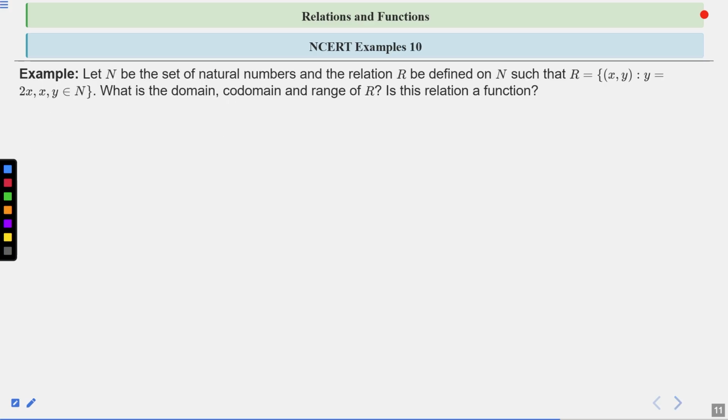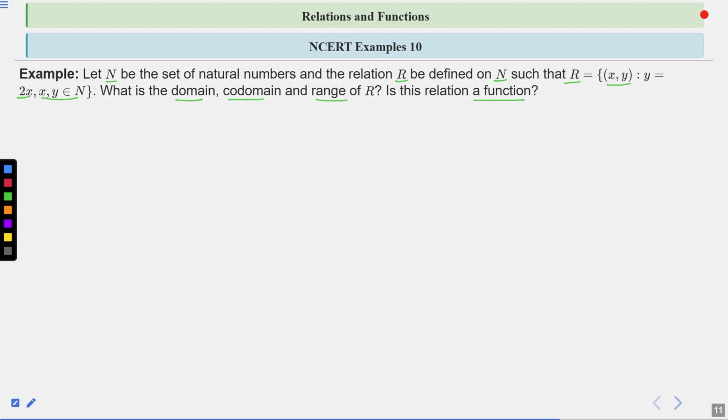Clear? Now this example. Let N be the set of natural numbers and the relation R be defined on natural numbers such that R is defined as the collection of all ordered pairs (x, y) such that y is equal to 2x, where both x and y belong to the set of naturals. Then first find out its domain, its codomain, its range, and then answer, is the given relation a function?